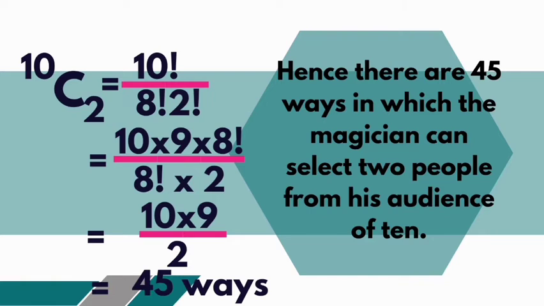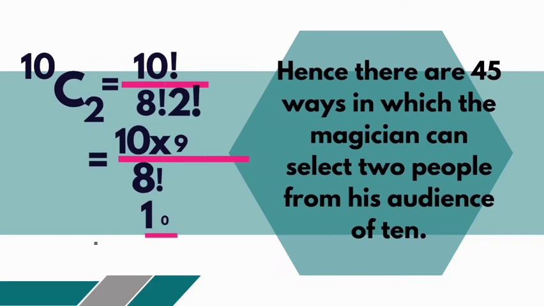Also, 10 factorial is the same thing as 10 multiplied by 9 multiplied by 8 factorial, all over 8 factorial multiplied by 2 factorial. 2 factorial is the same thing as 2 multiplied by 1 factorial, which is 2.